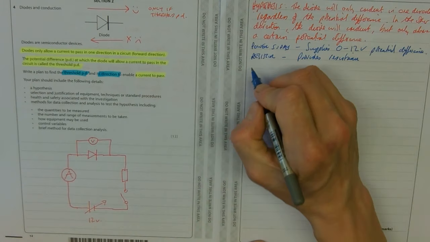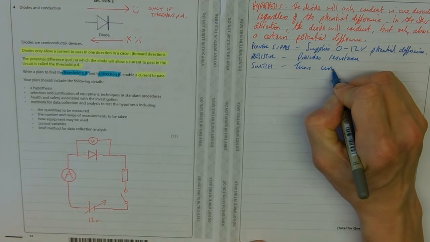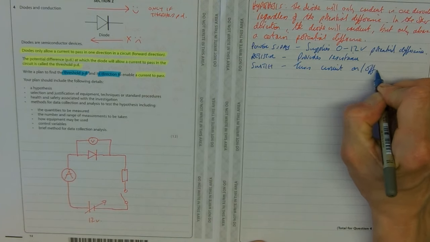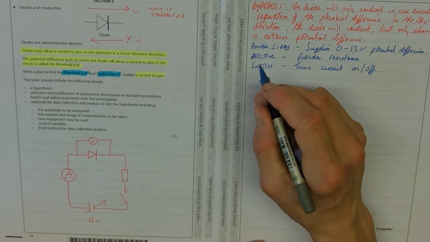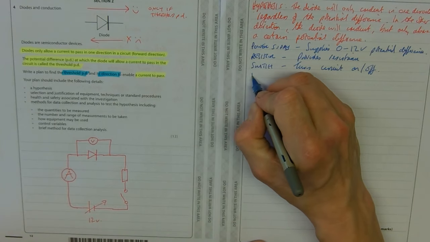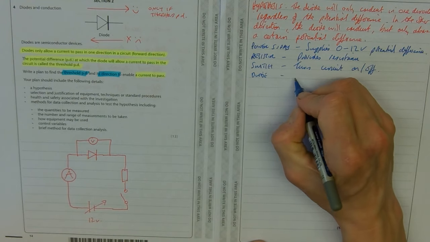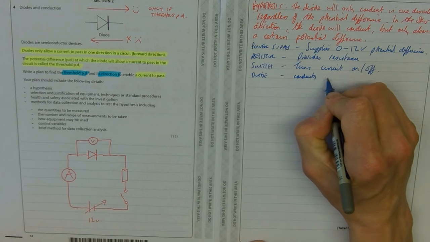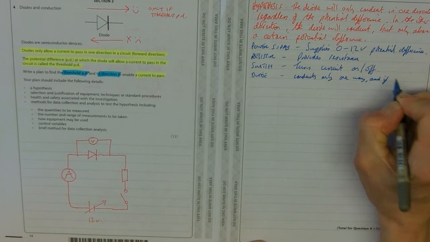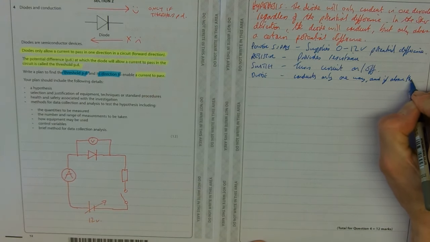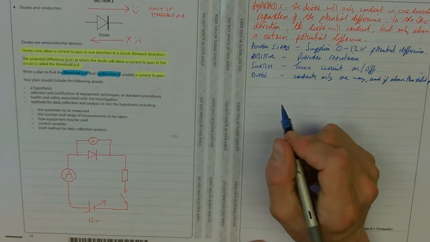We have got a switch, so it turns the circuit on and off. Let's not forget the diode, which conducts only one way and only above a threshold potential difference. I don't think we really need to say that.